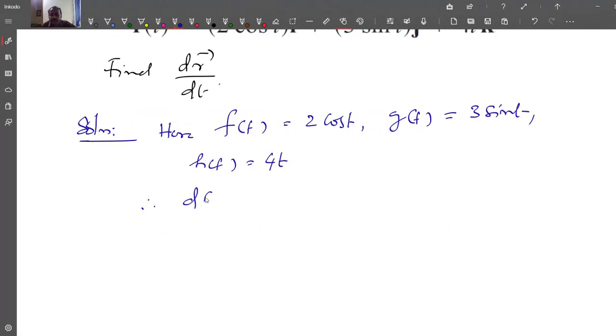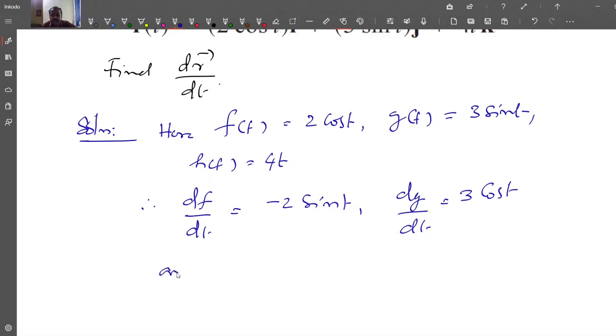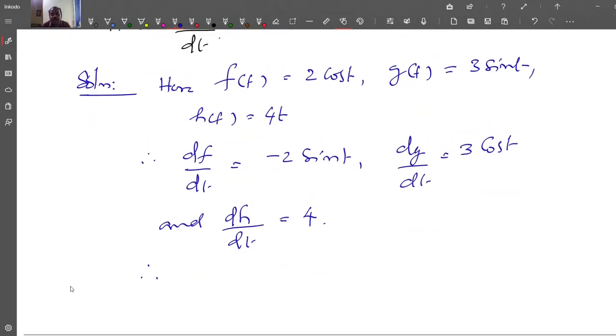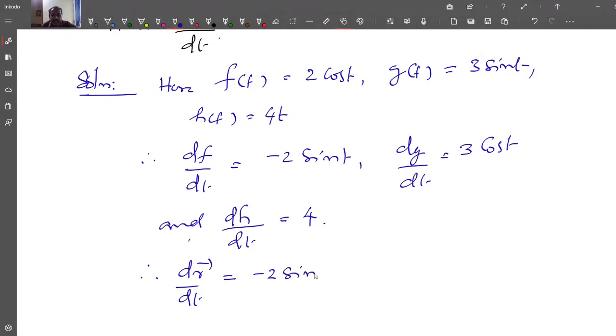Therefore df by dt is equal to minus 2 sin t, dg by dt is equal to 3 cos t, and dh by dt is equal to 4. Therefore dr by dt is equal to df by dt into i, that is minus 2 sin t i, plus dg by dt into j, that is 3 cos t j, plus 4 k.